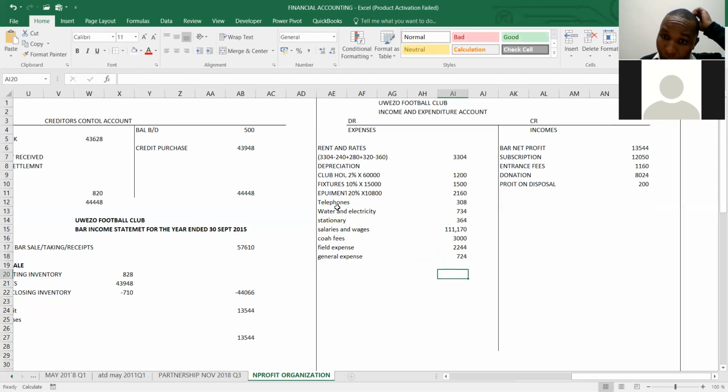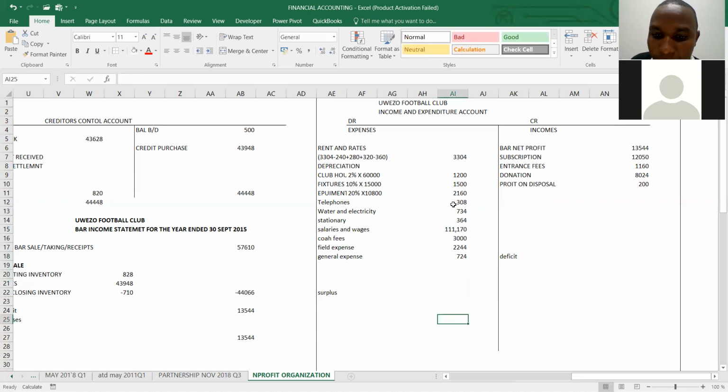So we can now check, is it a surplus or a deficit? If it is on the debit side, it is a surplus. If it is on the credit side, it is a deficit. So let's check.